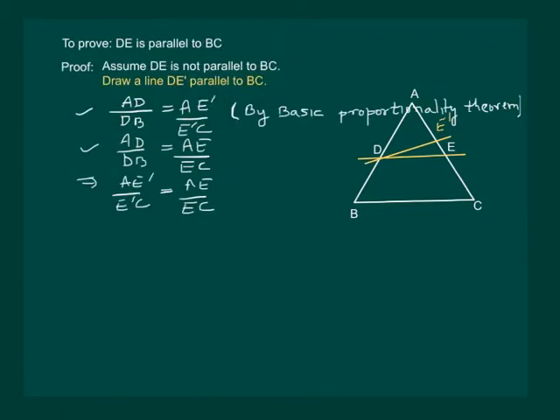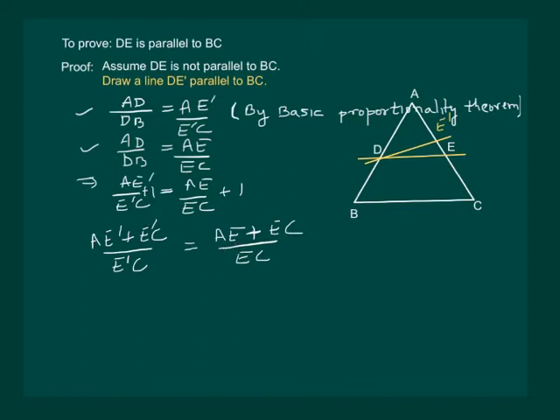Now let us add 1 to both sides of this equation. Then the right hand side becomes AE plus EC over EC, as LCM. Look at the numerator.